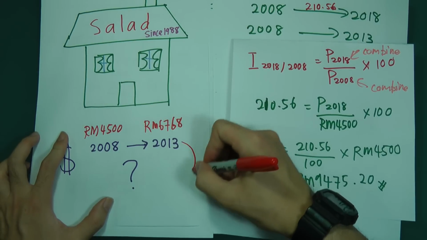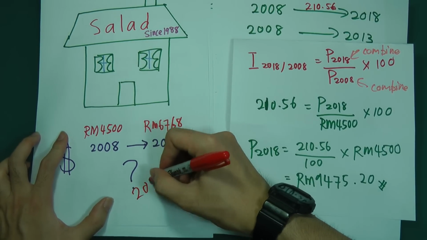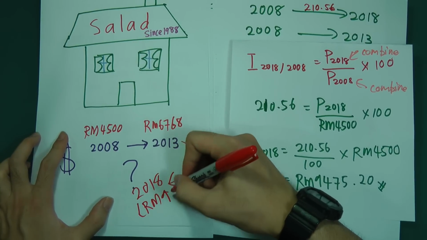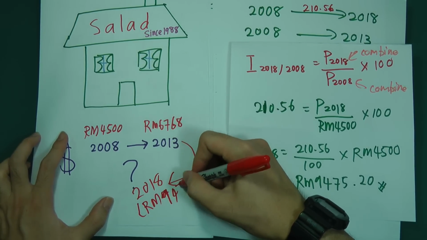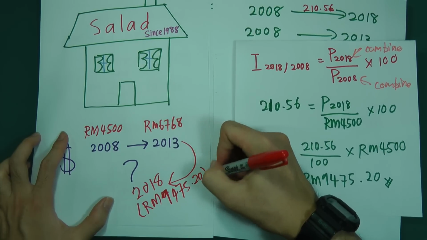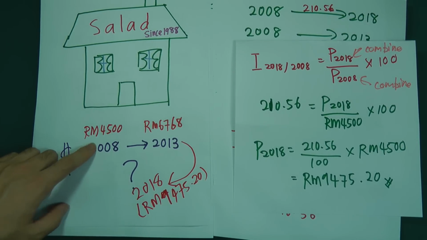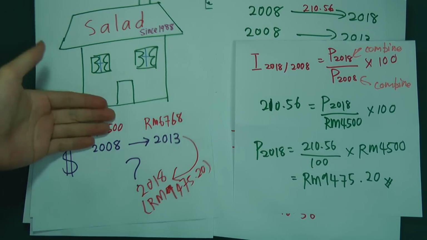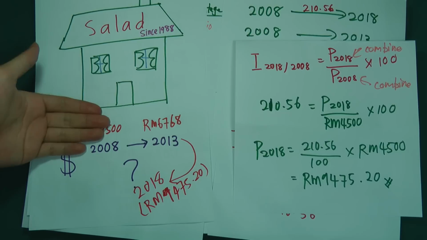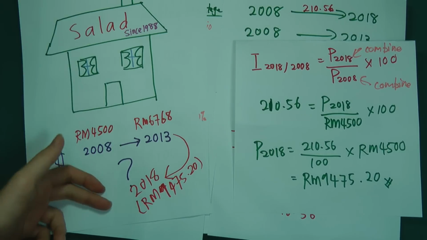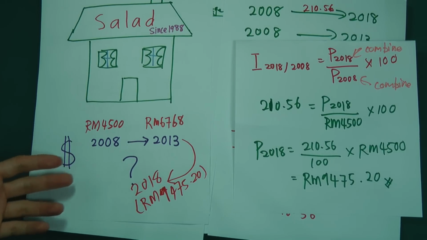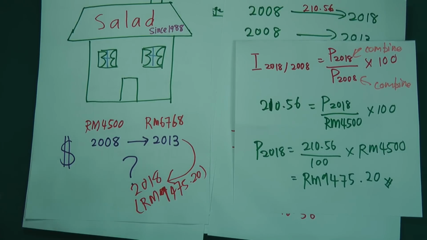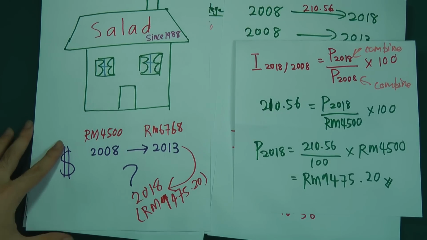And then in the year 2018, you are spending up to RM 9,475 ringgit 20 cents. It means the index number helps you calculate how much inflation there is from 2008 to 2013 and then continuing to 2018. You can even predict or calculate the cost you're going to spend in the future.